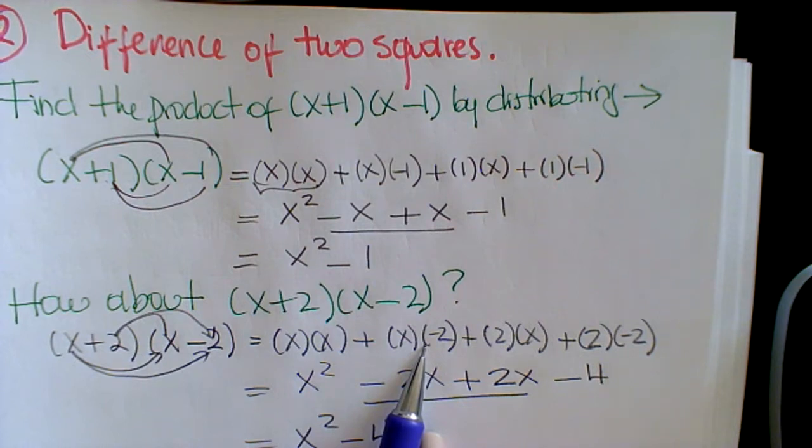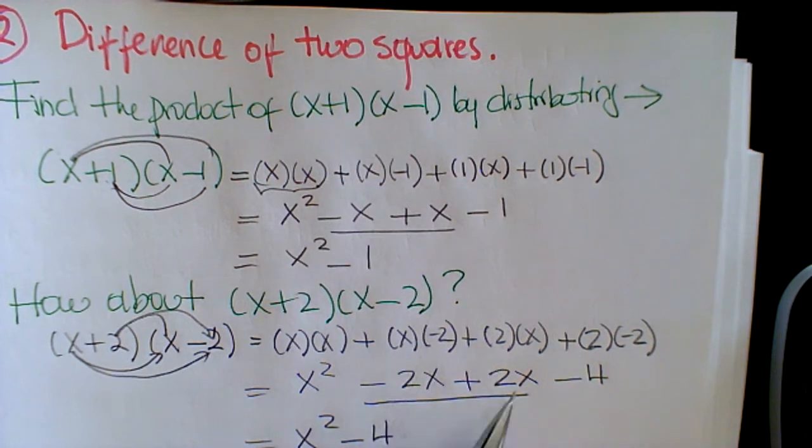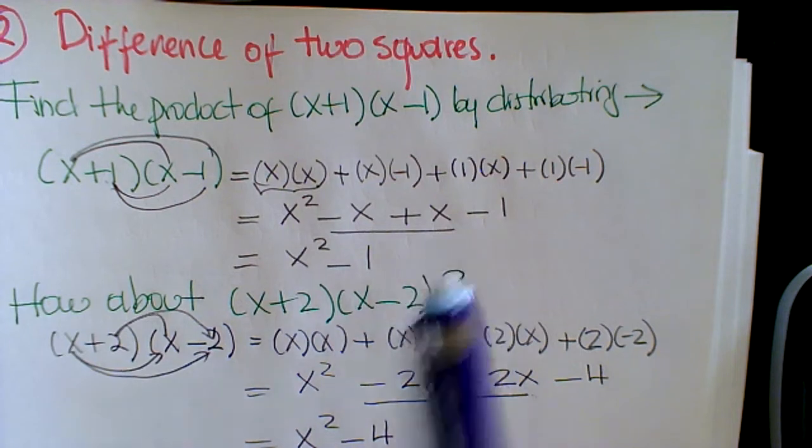So opposite quantities, what happened? Always add to 0. And we have a special name for binomials that do this. And we call them conjugates. So A minus B is a conjugate of A plus B, and vice versa.